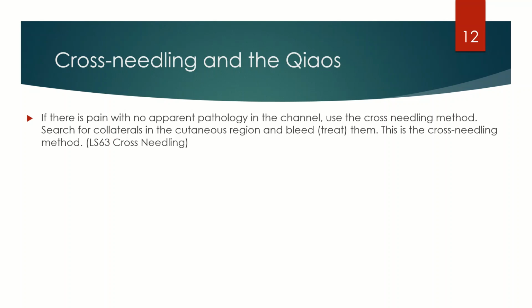So again, going back to our favorite guy, Huang Longxiang, he says that the cross needling chapter is mostly talking about these spider veins that appear, and treating illnesses that specifically are connected to spider veins appearing at certain locations.